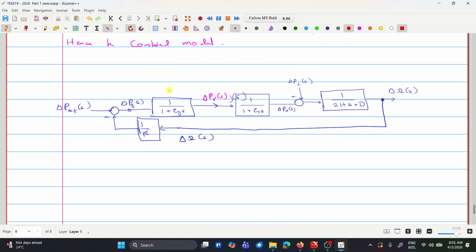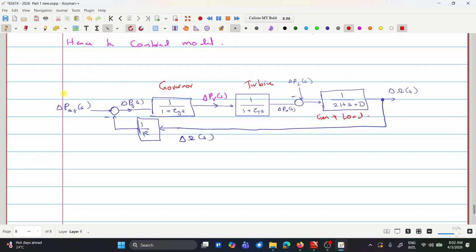Okay, and here you have the governor model, right? And then here you have the turbine model. So let me get rid of this as well. Okay, and then here you have the generator plus the load model, right?